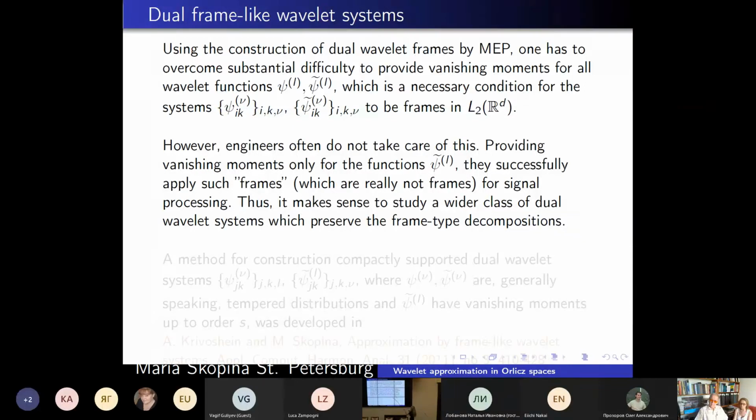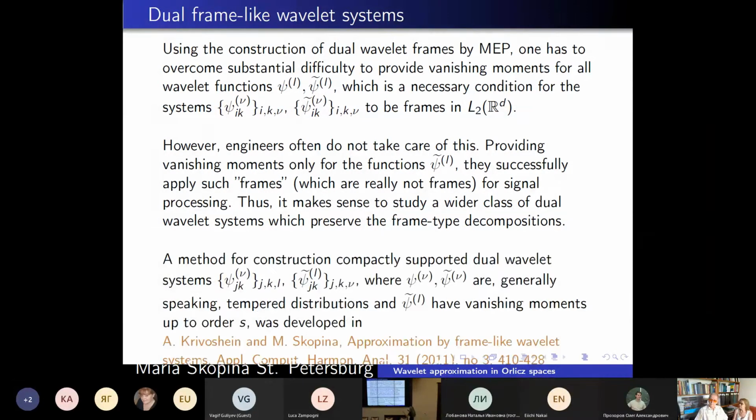However, engineers do not take care of this, providing vanishing moments only for the function psi. And they successfully applied such frames which are really not frames. But they work with this in signal processing and consider that it is very good. They say, oh, we used a frame and this is a good frame.